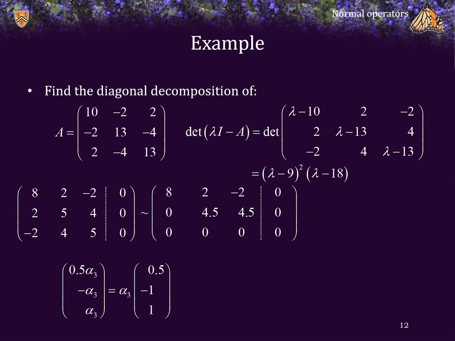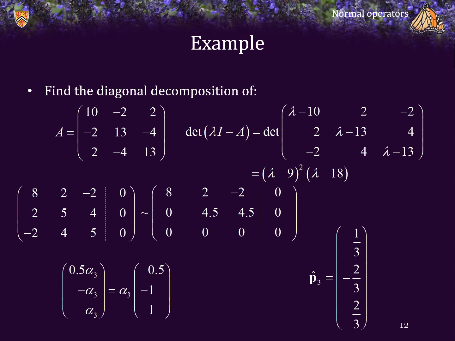That says that this is an eigenvector for the eigenvalue lambda equals 18. We don't have to worry about Gram-Schmidt anymore because 18 has only one eigenvector, and therefore that eigenvector must be orthogonal to all other eigenvectors. However, normalizing it, we get this vector here.